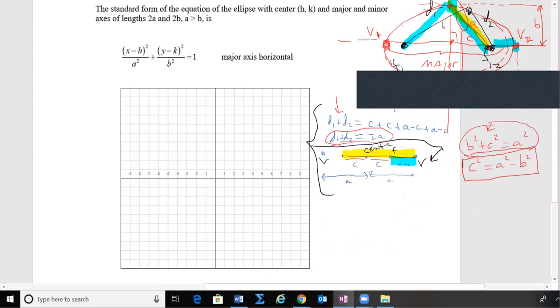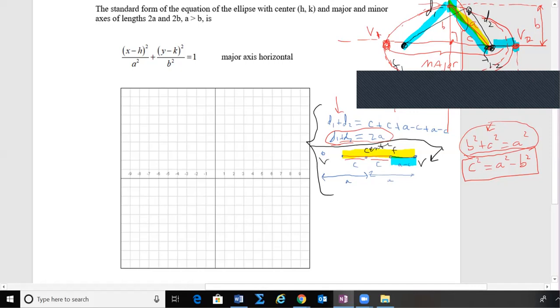Okay, and now with a little bit of work, we can show, using a distance formula, that it results out of the distance formula.